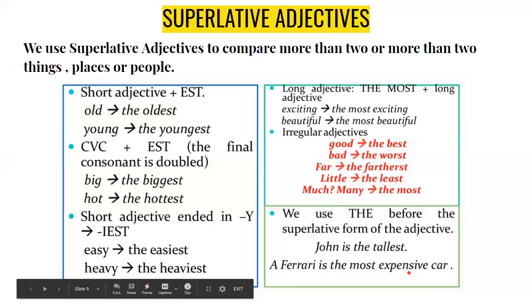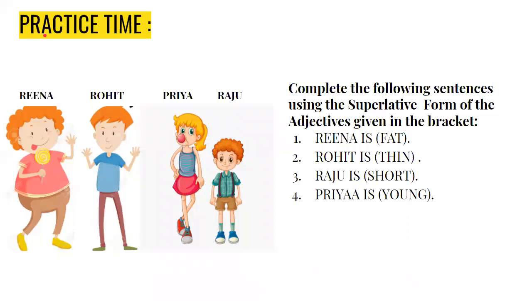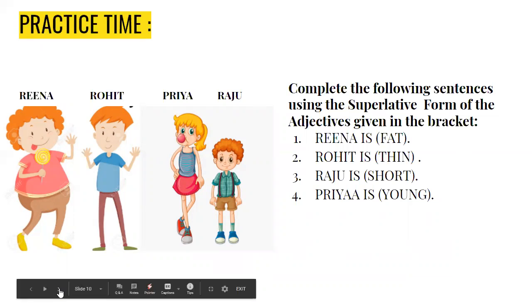So kids, similarly, we have some practice time for superlative degrees as well. Just pause the video for 20 seconds, attempt these questions, and then continue playing the video to see the answers. The exercise says you have to change these sentences using the superlative form of the adjectives given in the bracket. Let's look at the answers now.